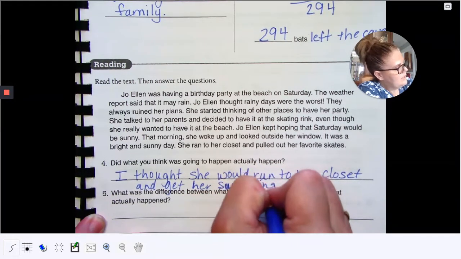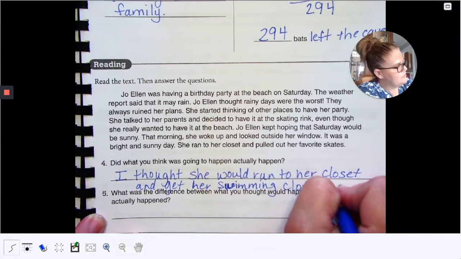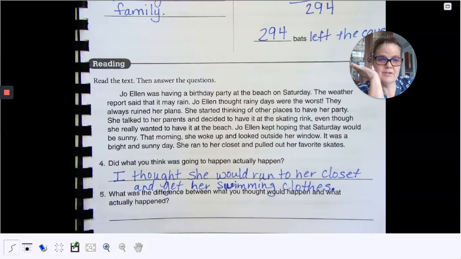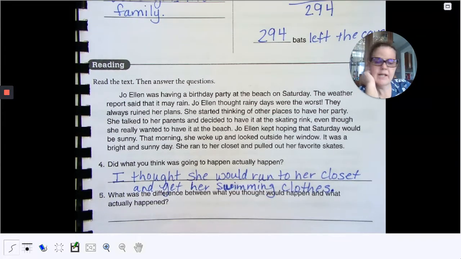Okay, so if she wanted to go to the beach so bad, and she was hoping that the day would be nice so that she could go to the beach, I was thinking she would grab out her swimming things, not her roller skates. What was the difference between what you thought would happen and what actually happened?